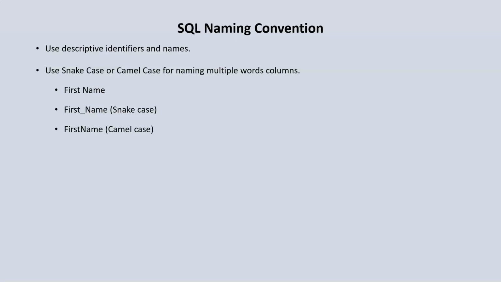The first letter of the first word is capitalized, followed by small letters. The first letter of the second word is also capitalized, followed by small letters. Avoid using abbreviations, and if you have to use abbreviations in naming, you want to make sure that they are commonly understood.